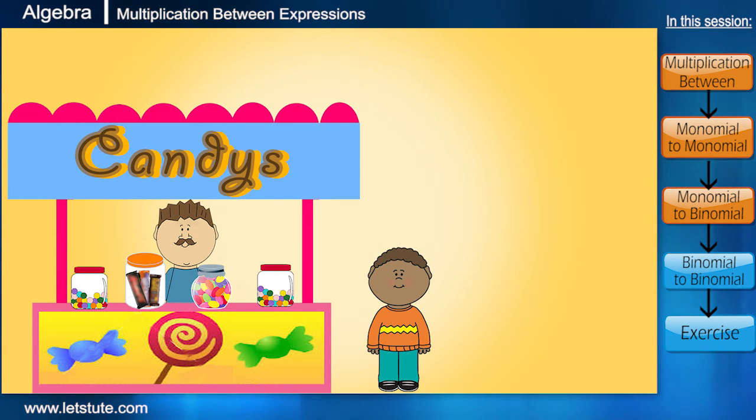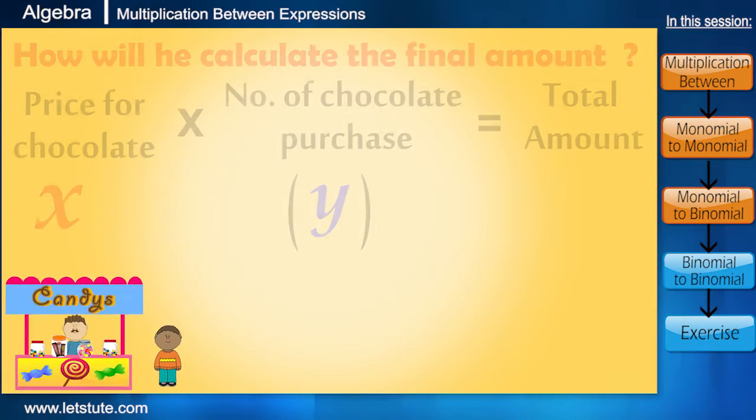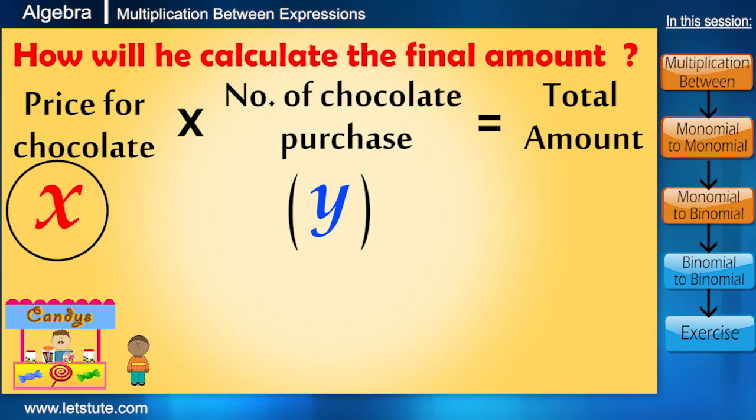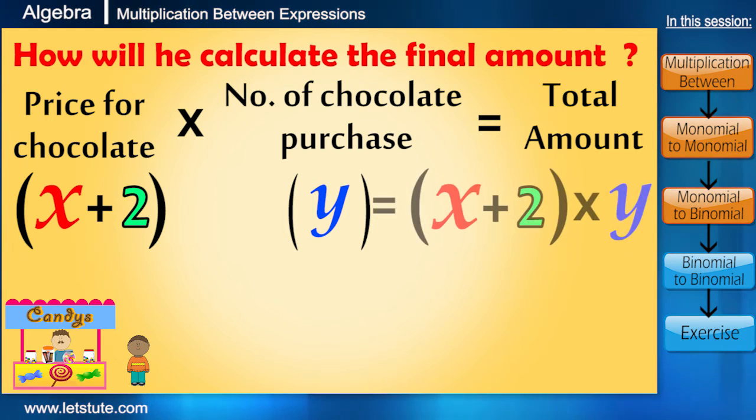When he reached the shop, he got to know that the price for the chocolate has now been increased by 2 bucks per chocolate. Since x was the old price, the new price will be x plus 2 bucks. And if he will buy y number of chocolates, then the total amount to be paid is x plus 2 multiplied by y.